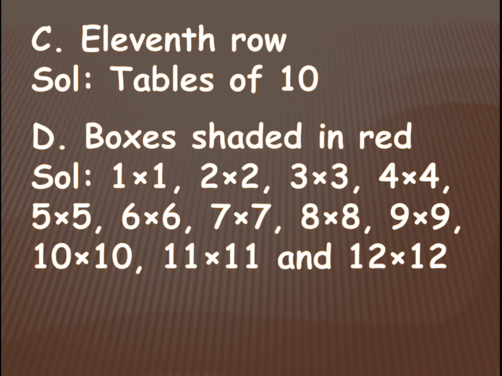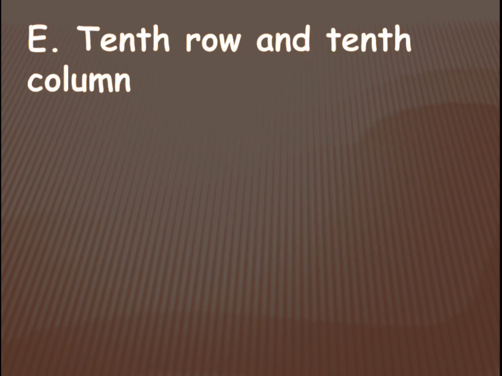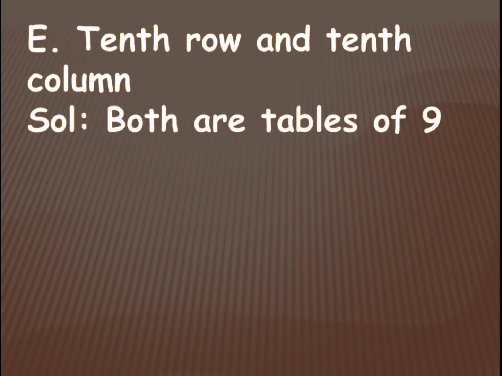You can see 0, 10, 20, 30, 40, 50, 60, 70, 80, 90, 100, 110, 120. That is the table of 10. And finally, the 10th row and 10th column, what do you have? That is the multiplication table of 9.